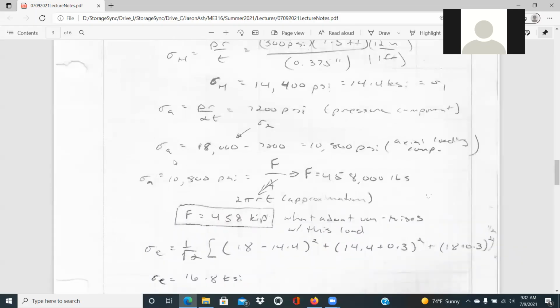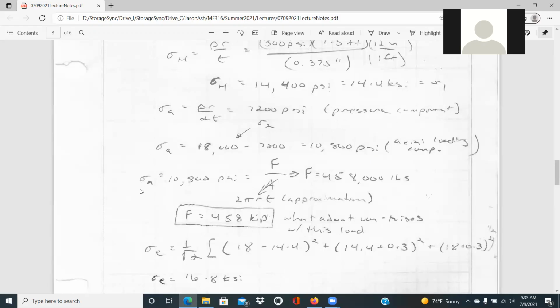And then the axial stress that we're concerned about is exceeding 18 KSI, and we have 7,200 PSI coming from the pressure side of things. And so that gives us 10,800 PSI that would be coming from the axial loading component of that.